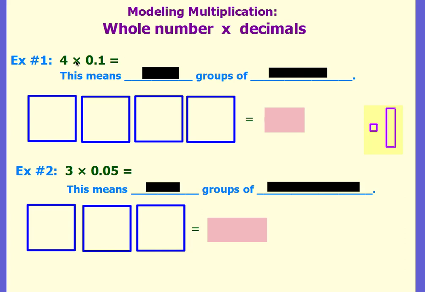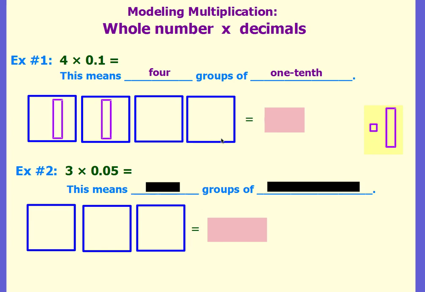Okay, example number 1, 4 times 1 tenth. This means, and fill in the blanks, that we want 4 groups of 1 tenth. So each of these squares is going to represent a group. So I have 4 groups, and inside each group I want to put 1 tenth because that's the size that it tells us.